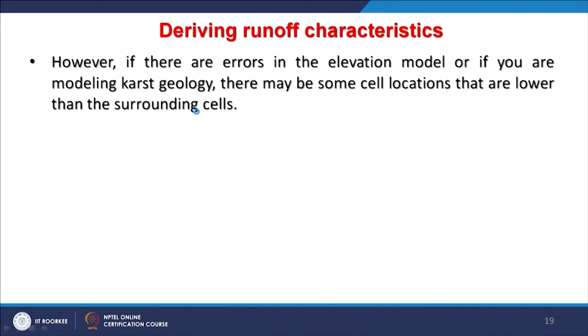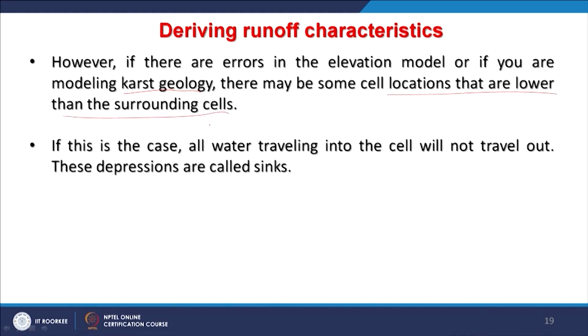Now, if there are errors in the elevation model, which we have also touched upon, or maybe in a limestone terrain, a karst topography or karst geology, there may be some cell locations that are lower than the surrounding cells and internal flow might be there. So, there is a limitation of surface hydrologic modeling.